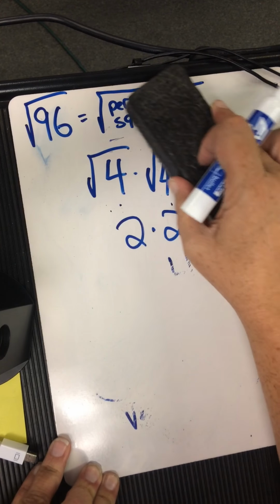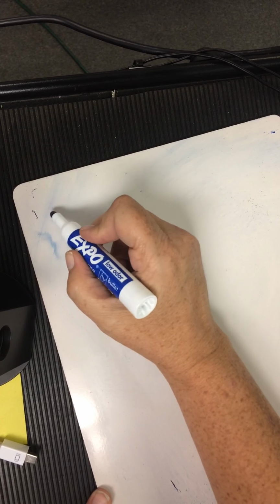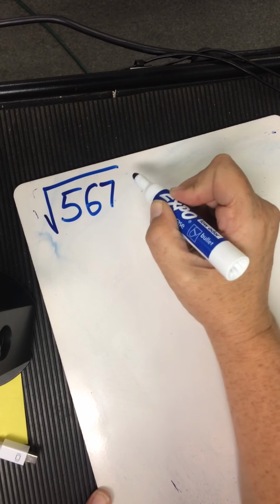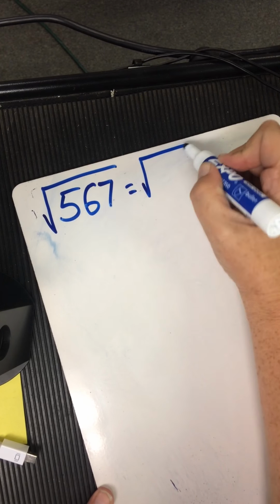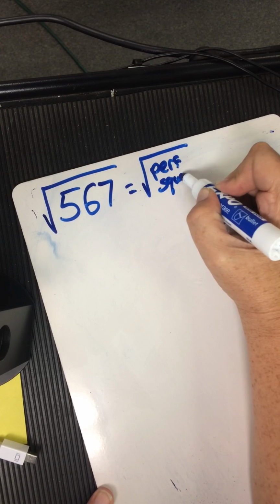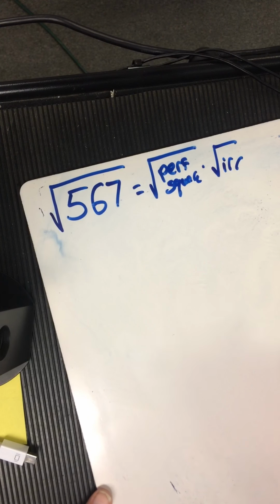Okay, another example. Let's do square root 567. Again, I want this to be the product of a perfect square times an irrational number.